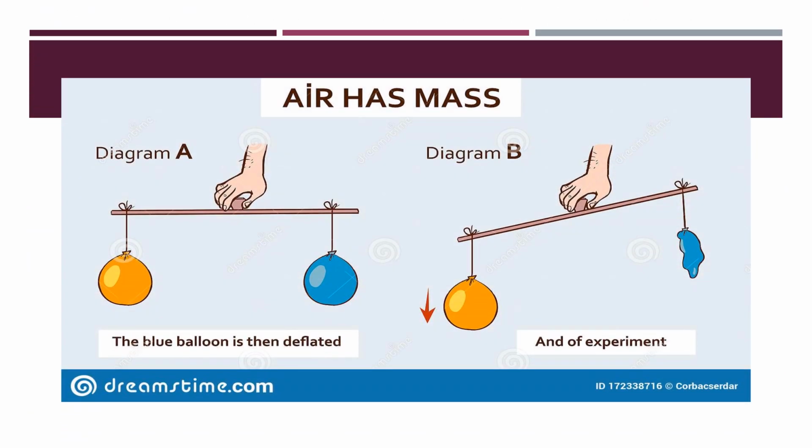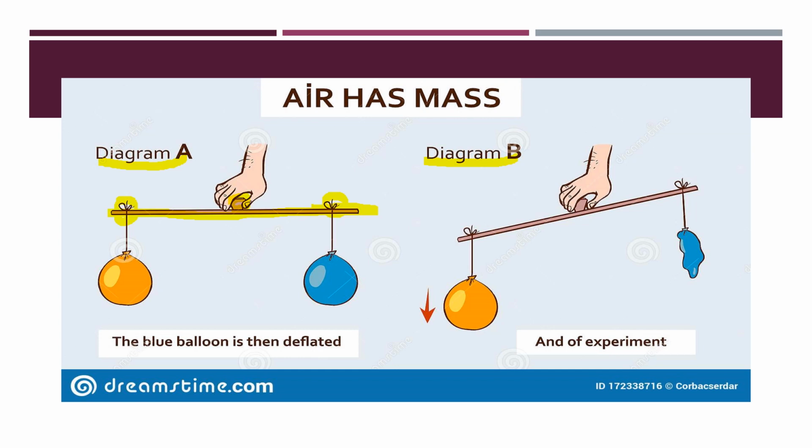Children, you can see this in the diagram also. In diagram A, you have tied two balloons on either side of the stick and you are holding it in the middle. You will see that both the balloons are at the same level in diagram A. But in diagram B, what is happening?